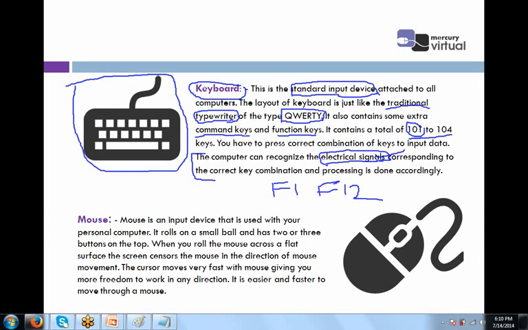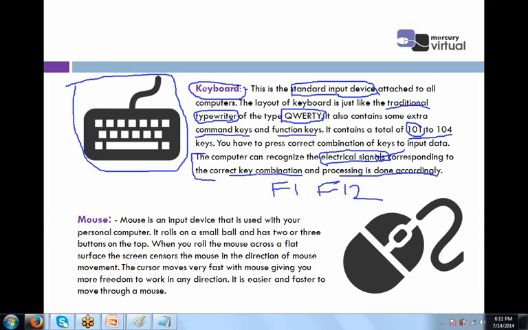It first takes electrical signals corresponding to the correct key combination. For example, if I press A, that is typed on the computer screen. The main idea behind this is, first of all, an electronic signal is sent to the computer, then A is pressed, and then A is printed on the computer screen, and then processing is done accordingly.